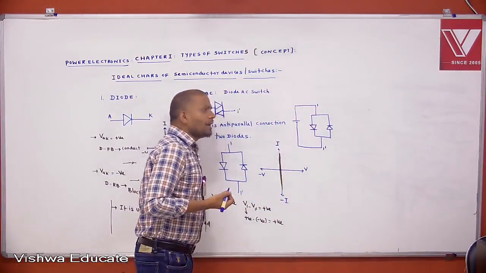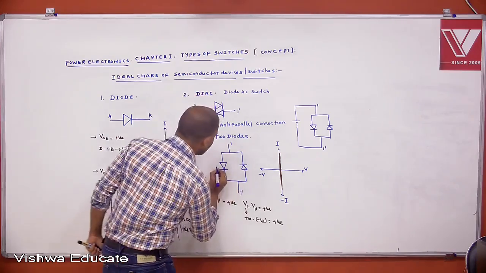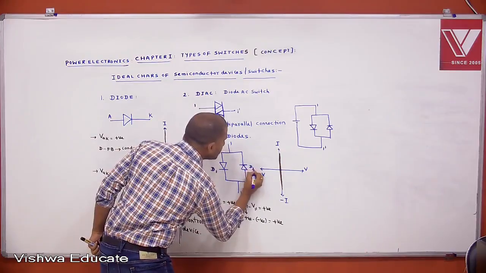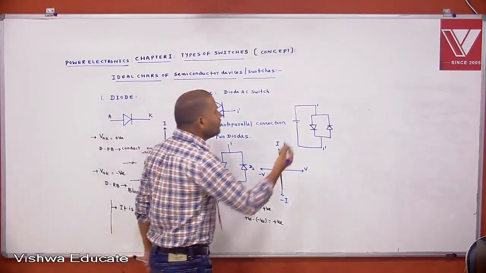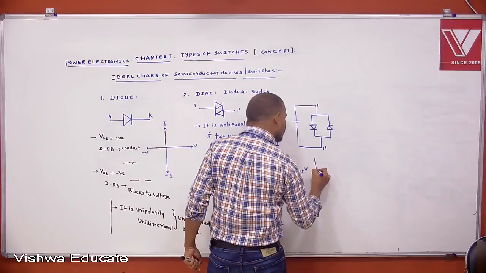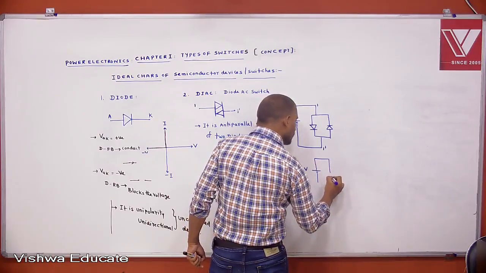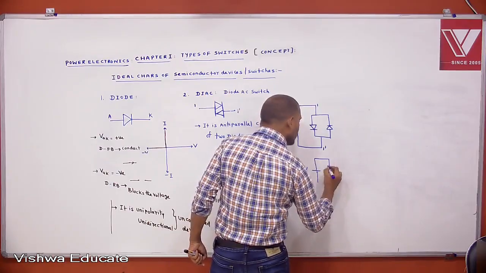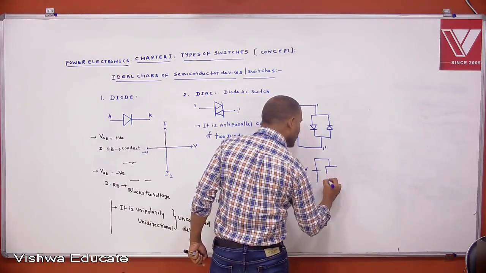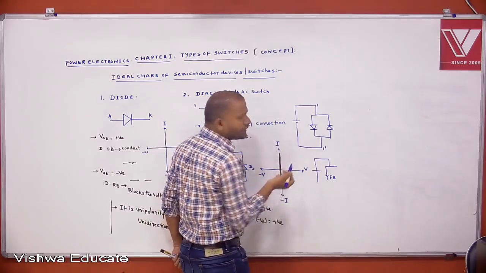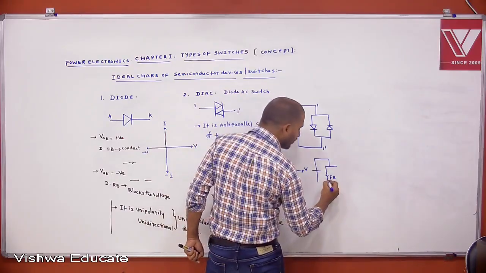Then with this polarity, let the anti-parallel connection of two diodes be D1 and D2. With this polarity, tell me, this D1 is forward biased. 1 is connected to the anode, 1 dash is connected to the cathode, so 1 dash positive, forward.